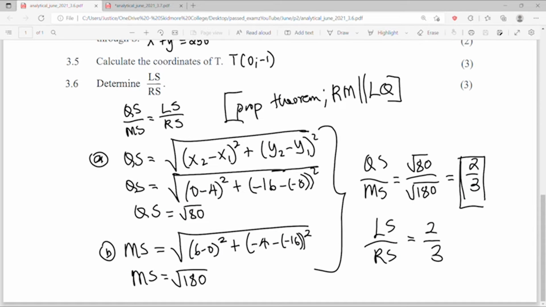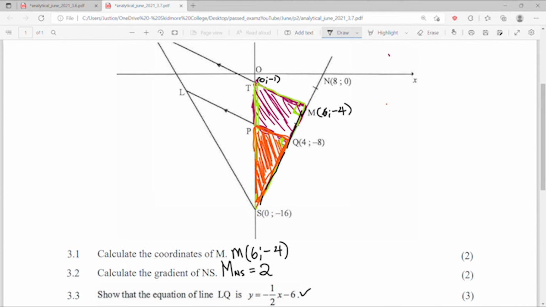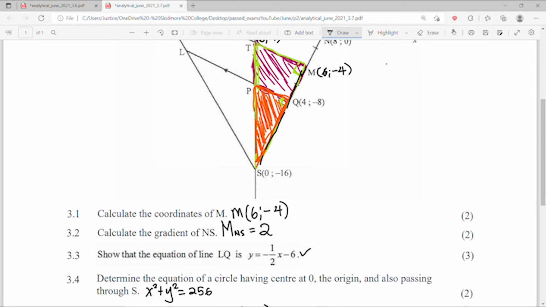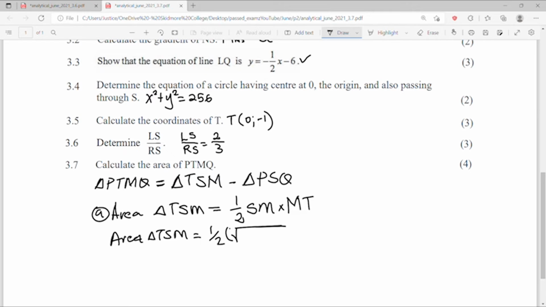So remember that we found both QS and MS in the previous question. That means we do have the bases for both the triangles. What we need to calculate are the heights.